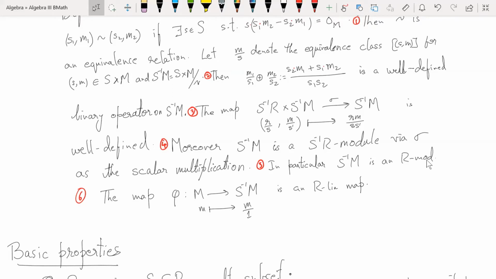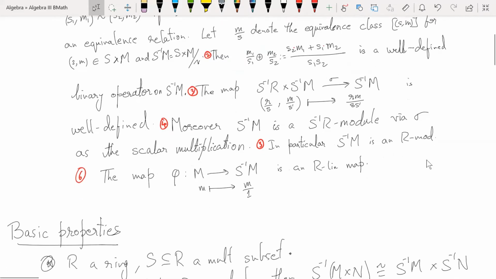We saw that this is also well defined, and then that S inverse M becomes an S inverse R module via this scalar multiplication.